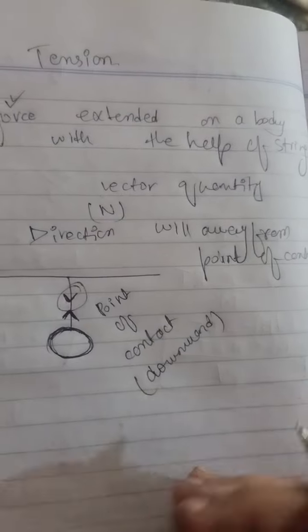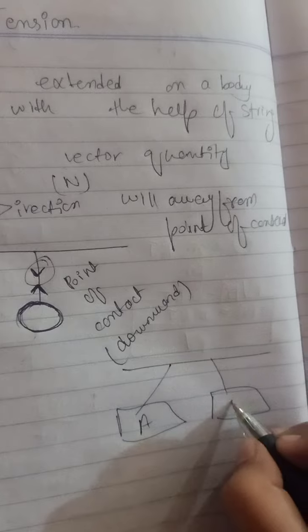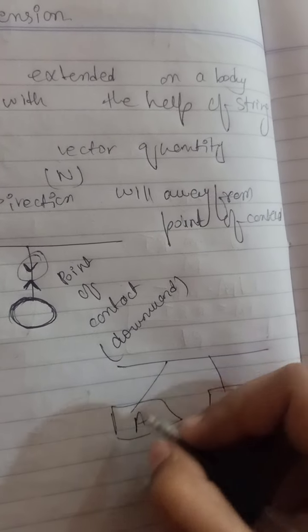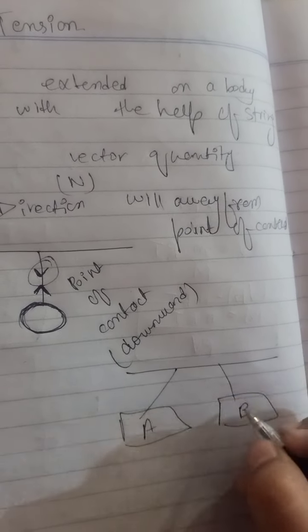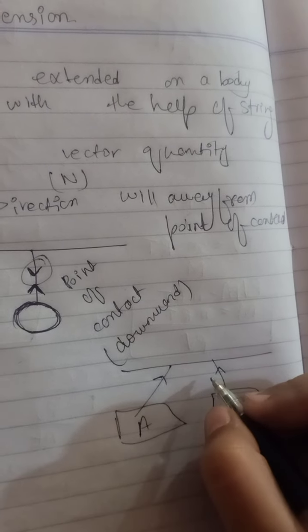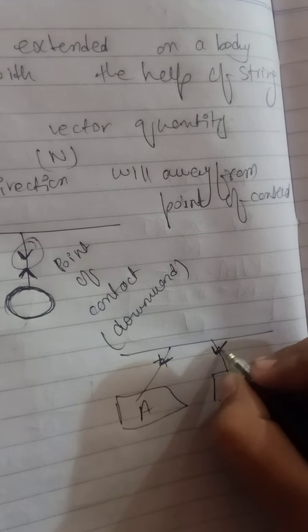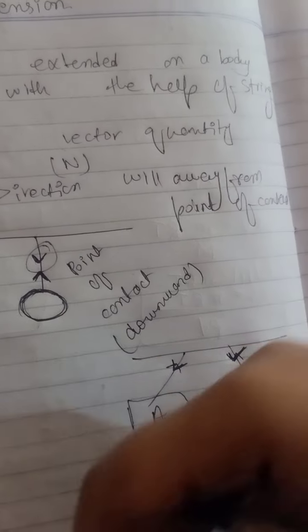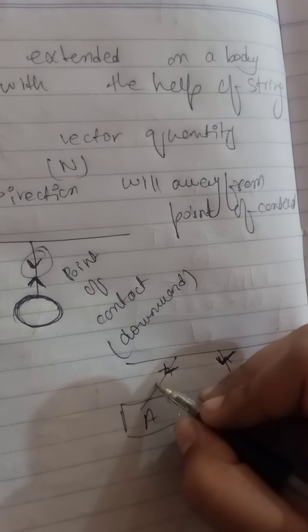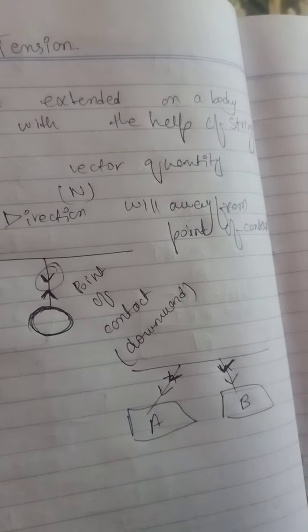If you're talking about a body A, next example, this is body B. Here you can see this body has a point of contact downward because the body is on the downward side. But if you're talking about tension, tension is upward because the force is exerted on the body, that is called tension.